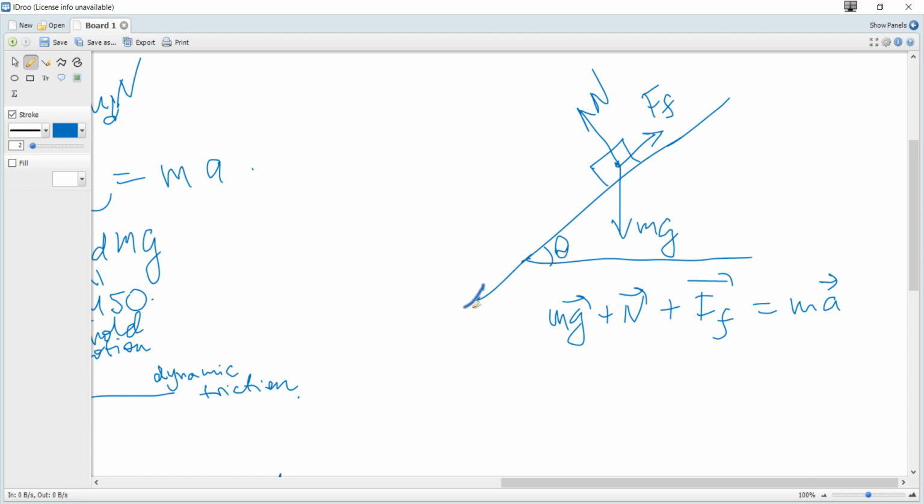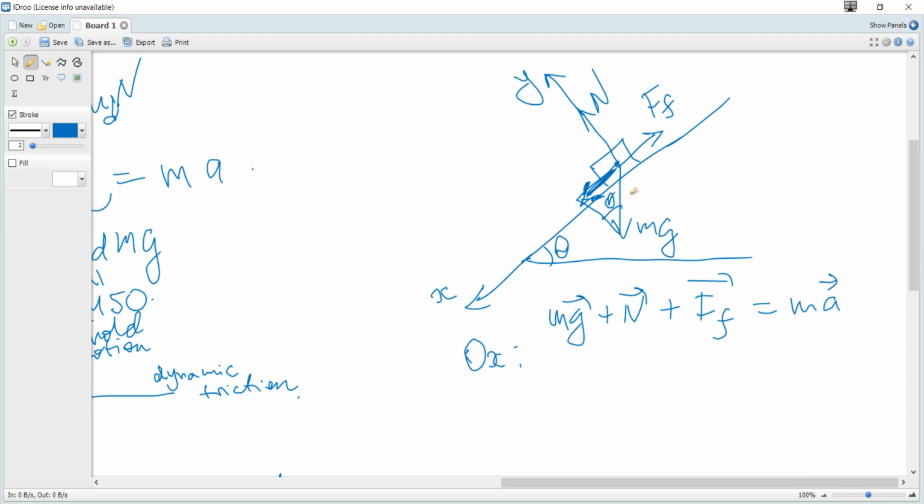And let's consider in components. Let x-axis be in this direction, y-axis be in this direction. So in component, or in projection on x-axis, the component of mg is plus, and it's this vector, and theta is here just from geometry.